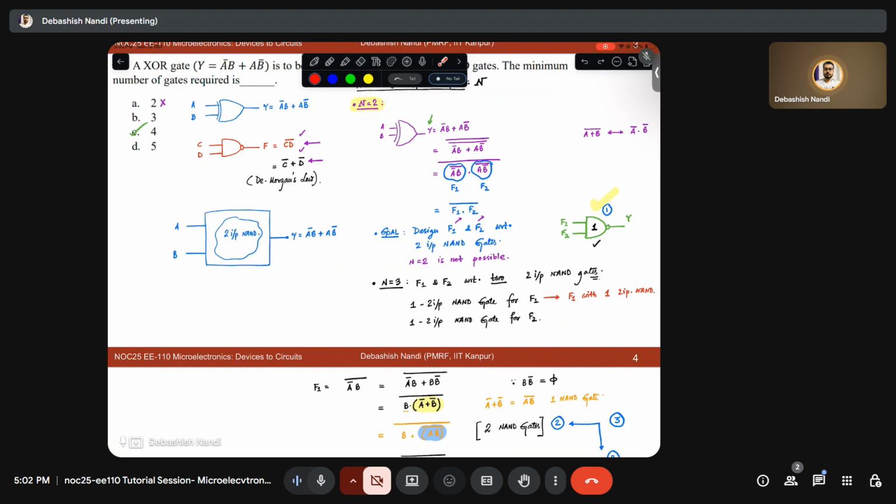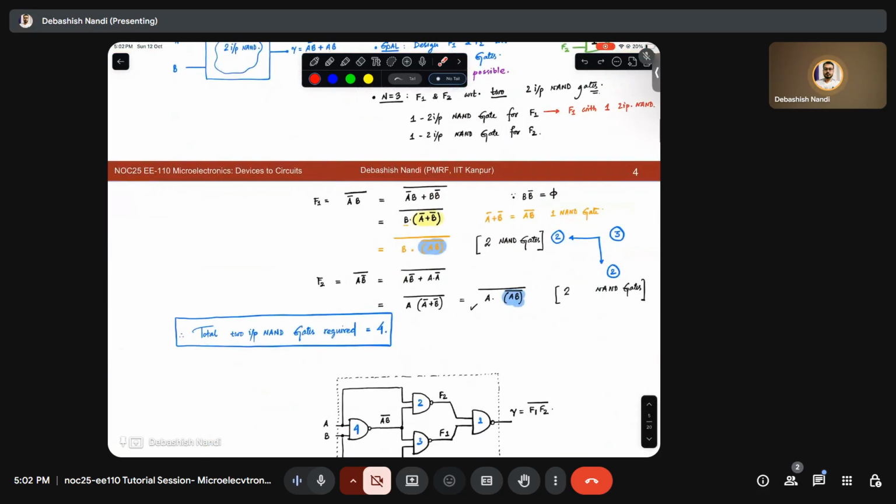So we move to n equal to 3, where we started to design f1 and f2 with respect to two input NAND gates. One two input NAND gate we have assigned for f1, another should obviously be assigned for f2. While breaking down the f1 expression, we have seen that we need at least two NAND gates to design f1.